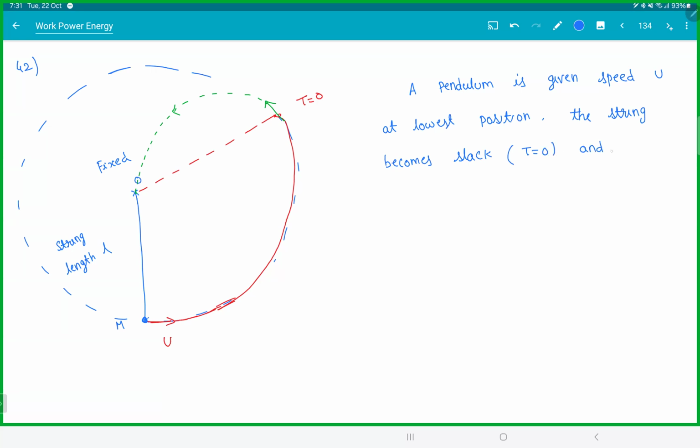And the particle moves as a projectile and lands at O. Find u.